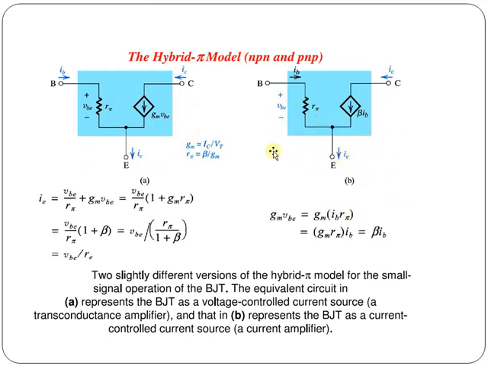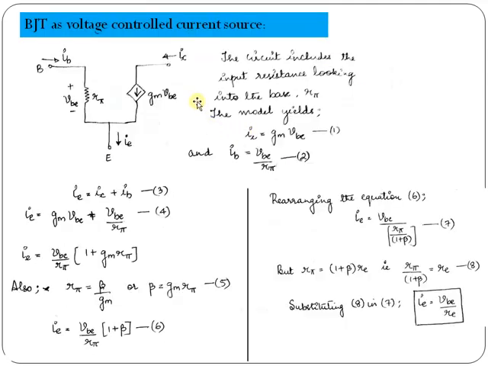The first one is the BJT as a voltage controlled current source. We have the input voltage VBE, and the output is represented as a current source with GM into VBE.